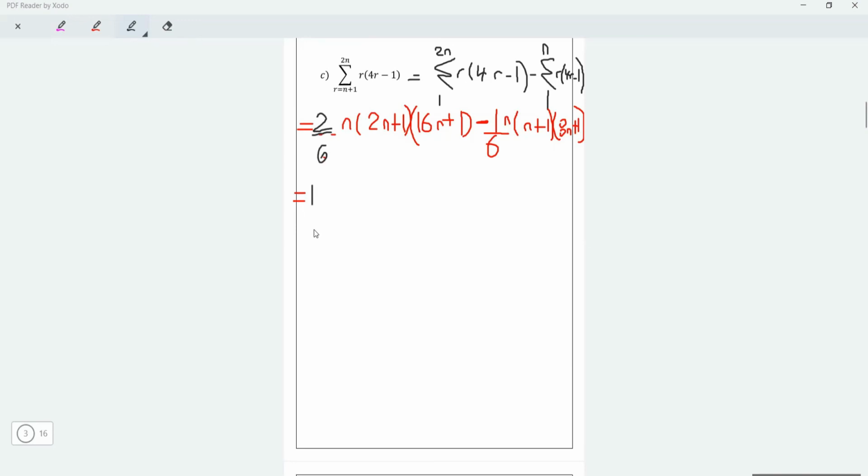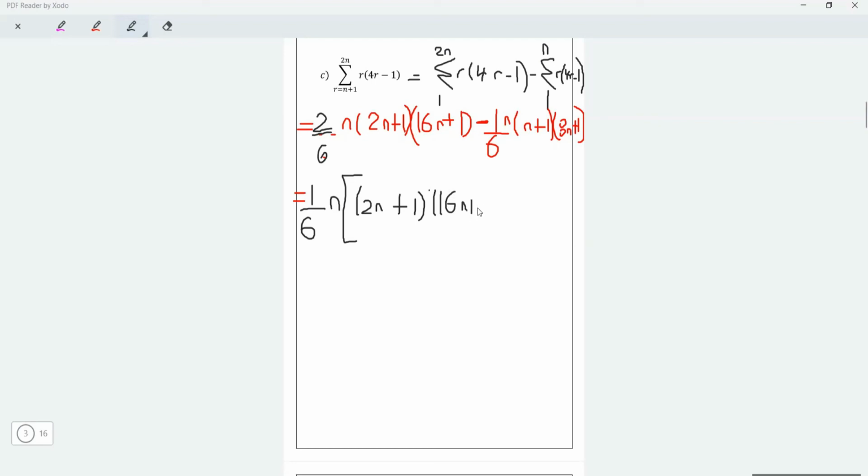If I factor out 1 over 6n, because both of them have n in common, I am left back with 2n plus 1 times 16n plus 1.